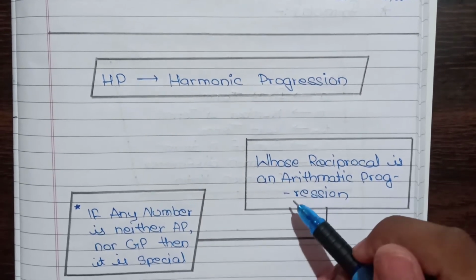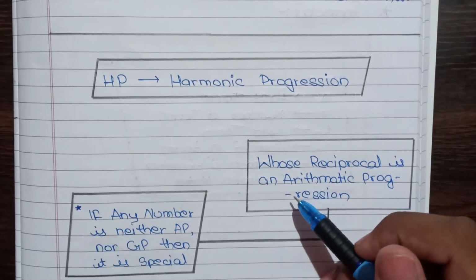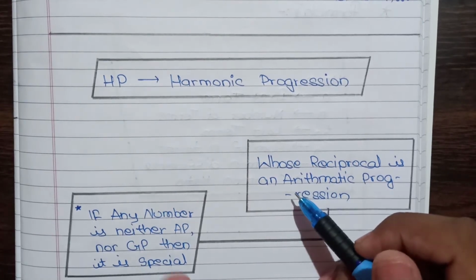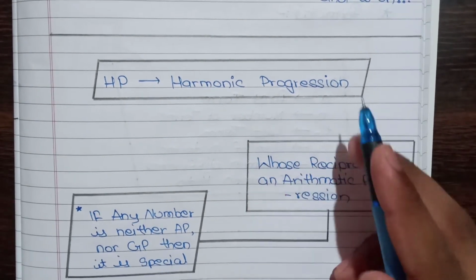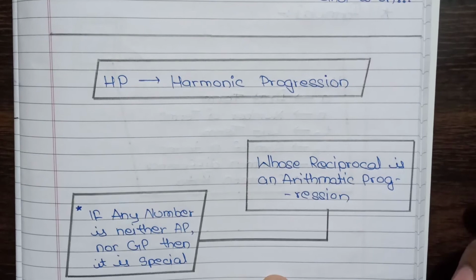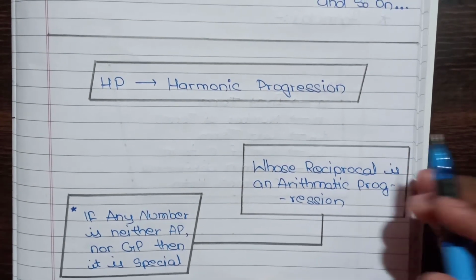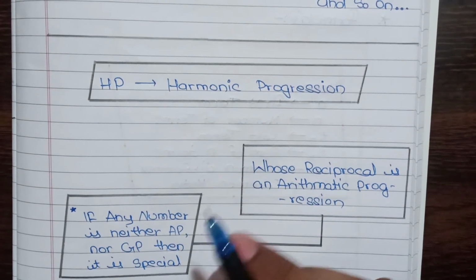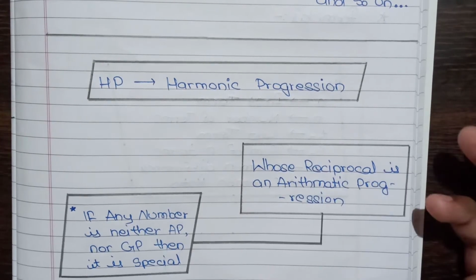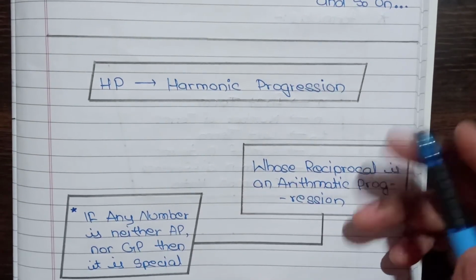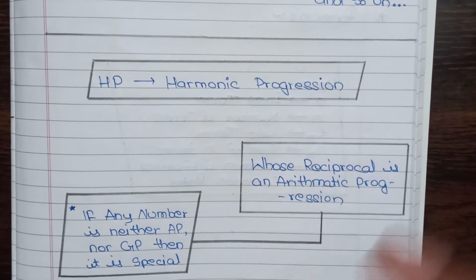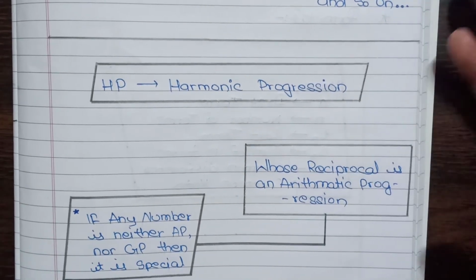Means if you get a sequence or series which is neither AP nor GP, then it is HP, harmonic progression. And one more thing to learn is that any sequence whose reciprocal is an arithmetic progression is a harmonic progression. I know you didn't understand. Let us take an example, then you will understand.